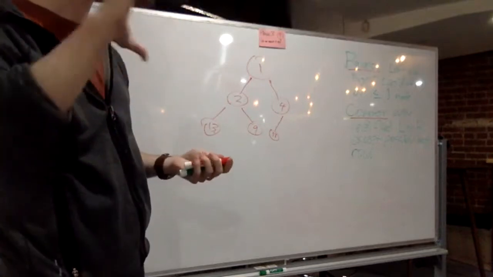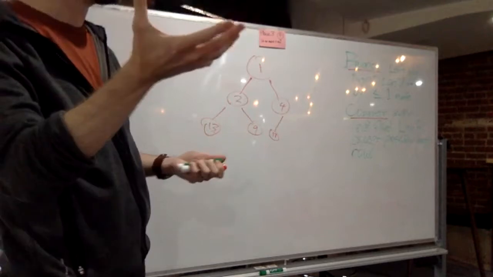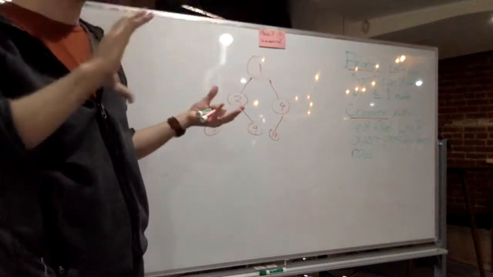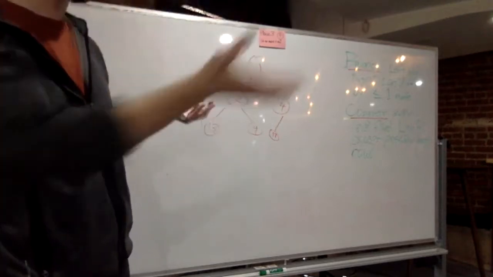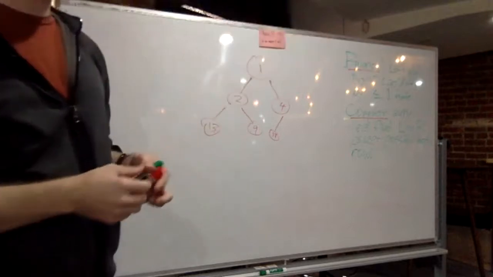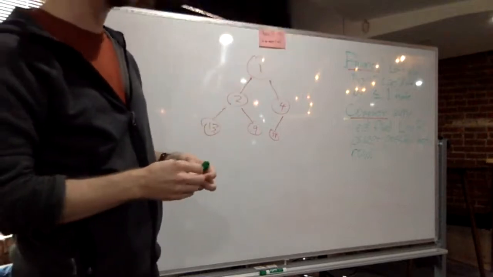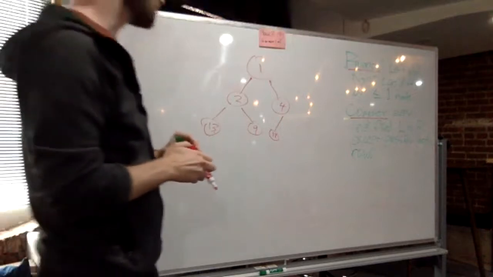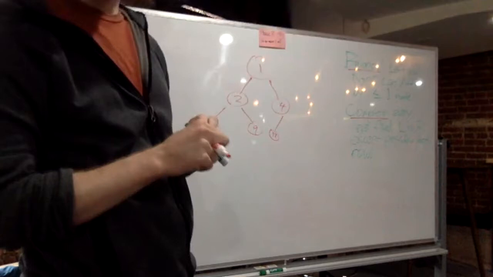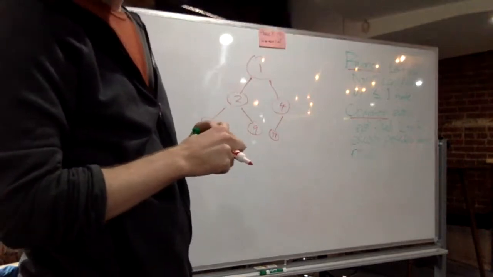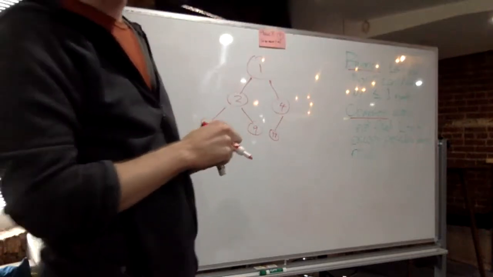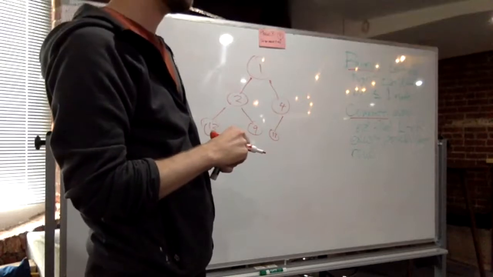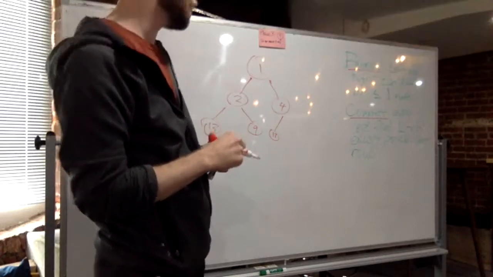The operations on a min heap or a max heap are pretty interesting. If you want to insert a node into a min heap, what you do is add a node to the bottom leftmost spot, maintaining that the tree is complete.